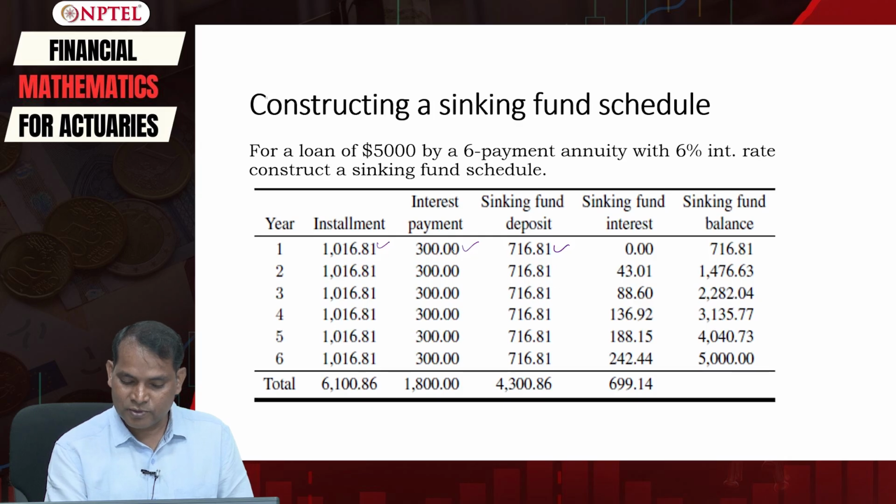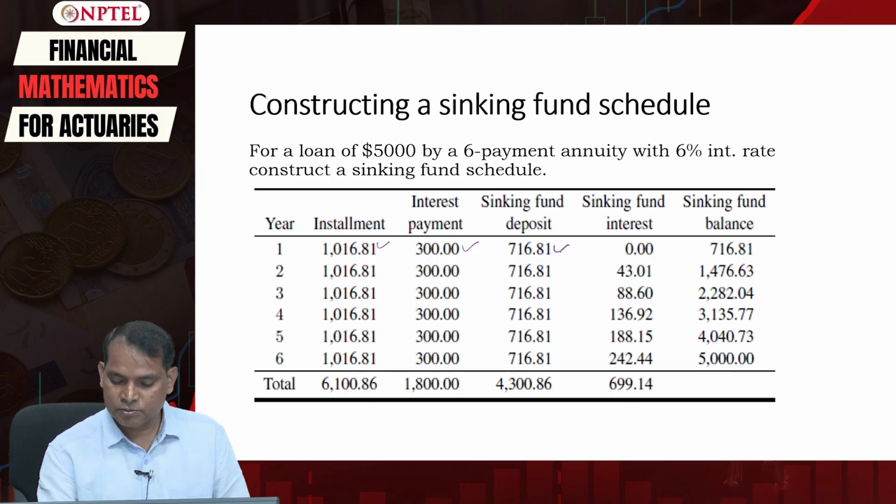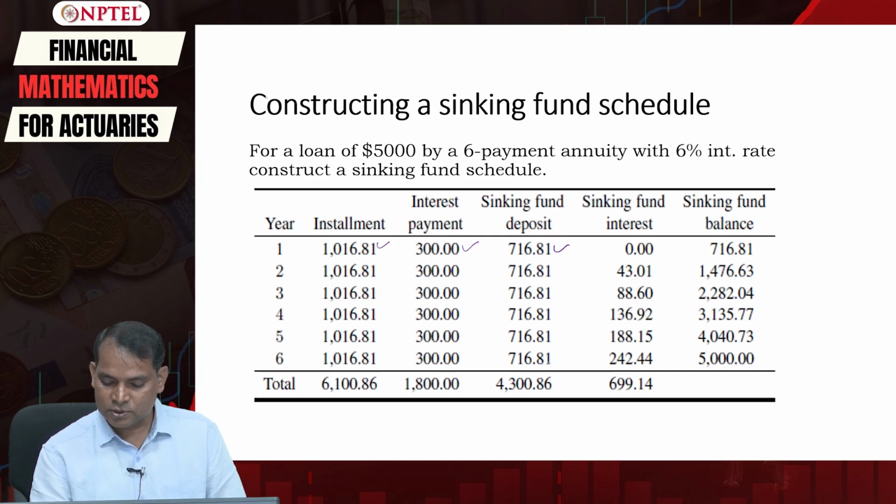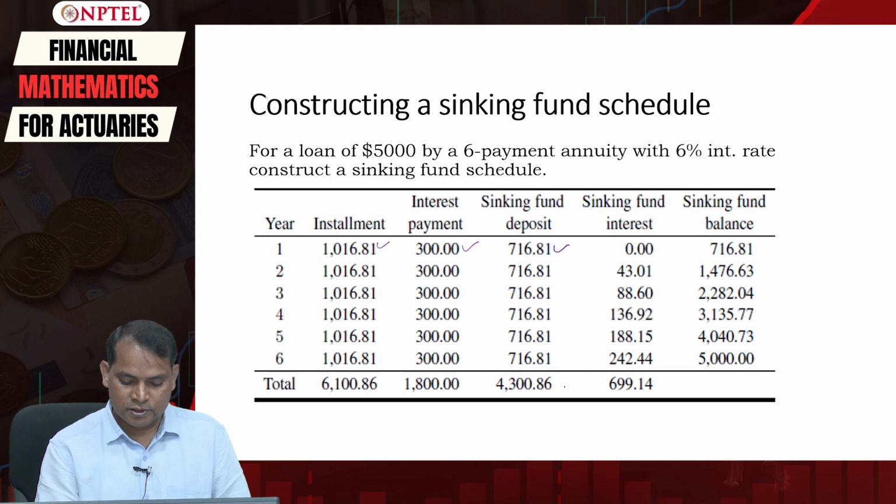the interest payment is the same for all the 6 periods. Similarly, the sinking fund deposit is also the same for all the 6 periods. So, the total deposit you have made is 4300.86 and the total interest you have paid is 1800, right?